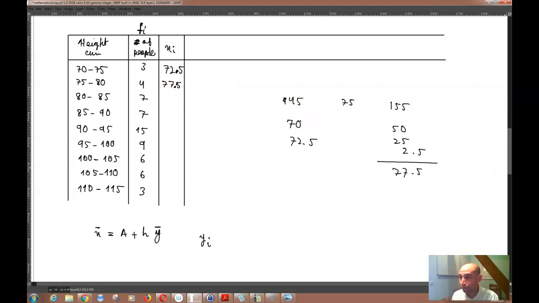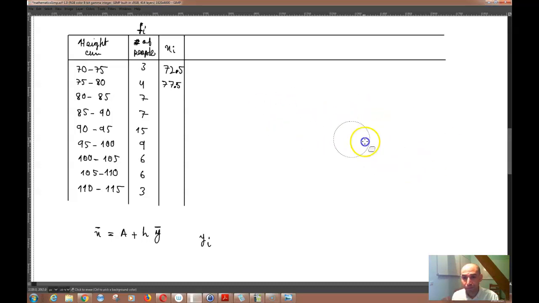So for example, 77.5 plus 5 is equal to 82.5, 87.5, 92.5, 97.5, 102.5, 107.5, and 112.5. So these are the x of i's that we have.